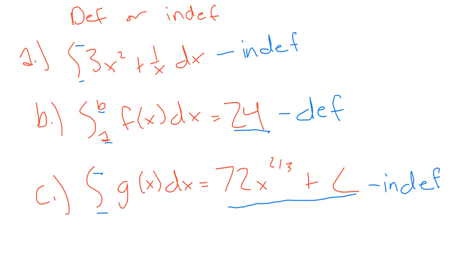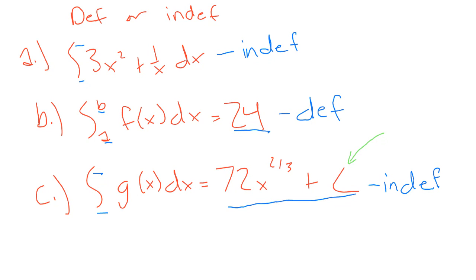Now, if we take a look at our indefinite integral, there's something interesting right here. We have this little plus c. When we solve for indefinite integrals, you're always going to have to include a plus c. Because if we go back to our derivative rules, we know that the derivative of a constant is 0.